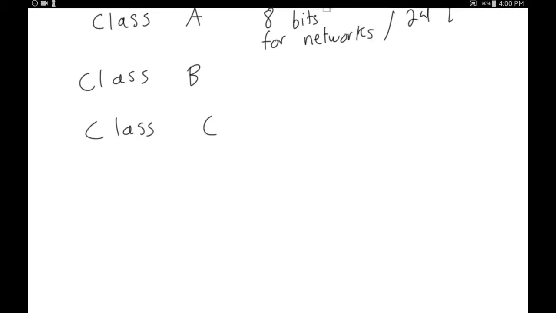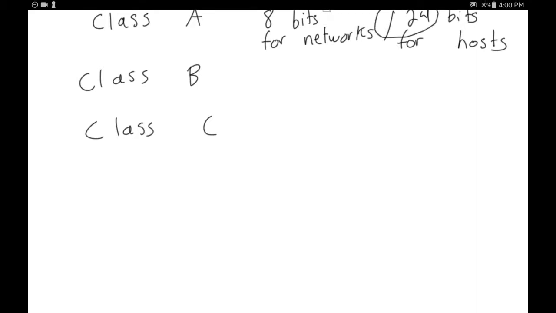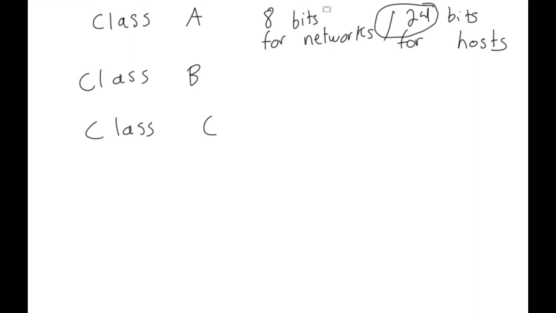basically Class A has 8 bits for networks, and 24 bits for hosts. See that /24? That might come up again. If you see a /24 at the end of something, it basically means this is how many bits are reserved for the host.